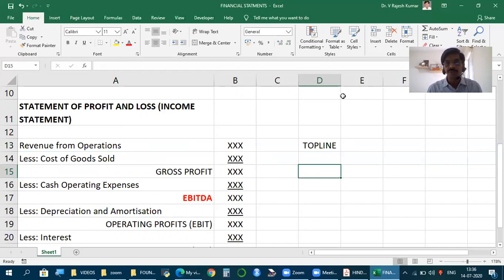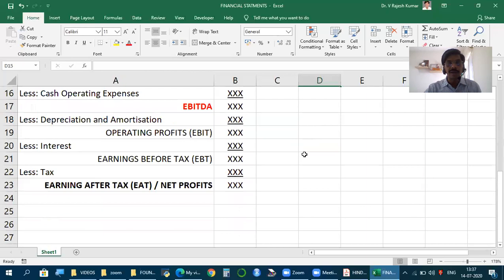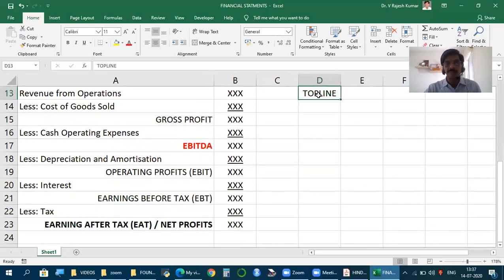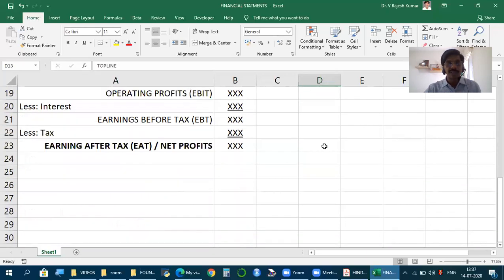So wherever we find top line mentioned in the media, the reference is to revenue from operations, and top line is a term given because this is the first item. Similarly, this being the last item, and the purpose why we prepare it, this is popularly called bottom line. PAT is called bottom line.